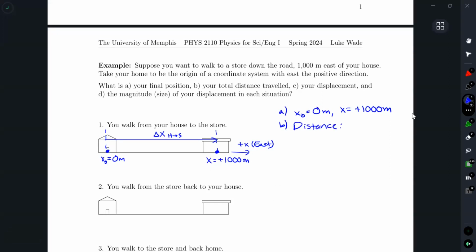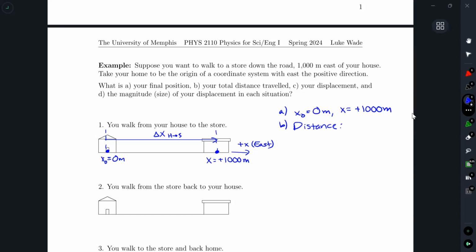When we talk about distance, do we specify which way we went? If I'm just asking you how far did you go? If you're running around a track, for instance, does it matter that you've rounded the track if I'm asking you how far you've run? No. You just tell me I ran 2 miles.